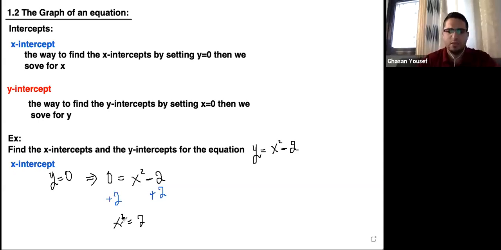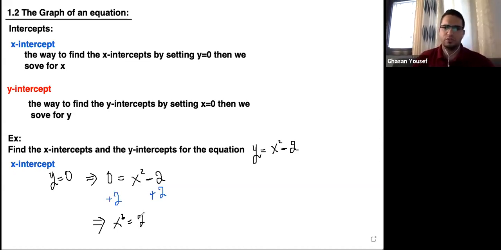This is a simple quadratic equation. We talked about this type of equation last time. How can we find the solution for a simple quadratic equation? What should we do now?